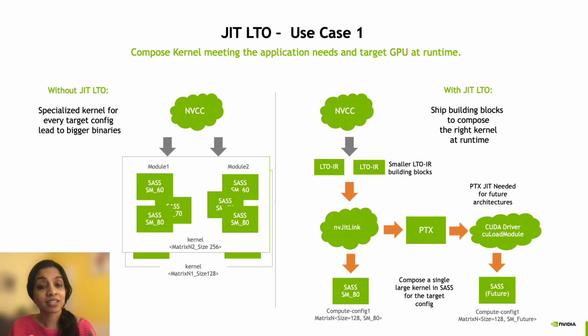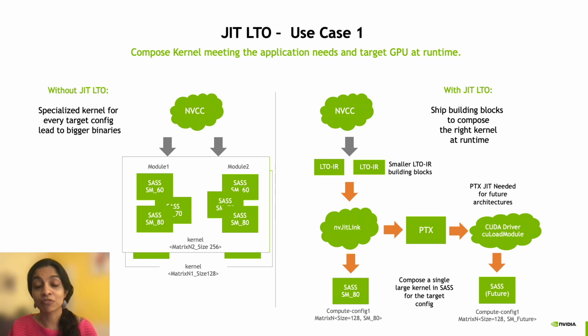Instead of shipping the entire kernel, now with JIT LTO, you're actually shipping smaller building blocks in LTO-IR format. And because the kernel itself is JITted at runtime, you can take the user input of matrix dimension at runtime as well, and therefore you're composing the right kernel for your target configuration, even taking into consideration the GPU of the target system, and then JITting to a SASS.